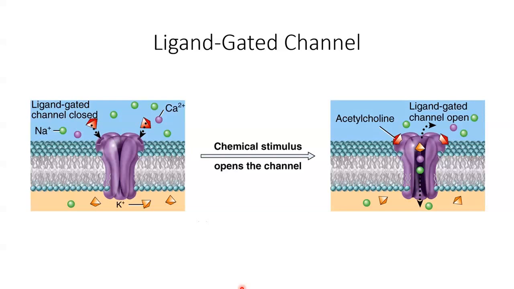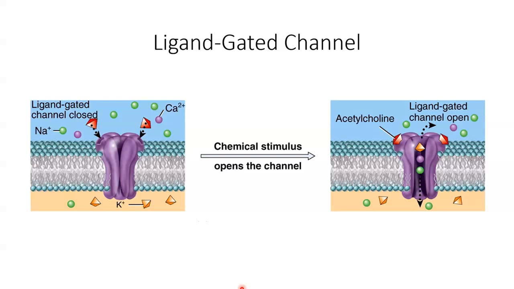The neurotransmitter acetylcholine, for example, binds to the sodium channels on a muscle to allow for the influx of sodium, which then in turn causes a muscle to contract. Ligand-gated channels are found in the dendrites of most of our sensory neurons, receptors like nociceptors or pain receptors, as well as interneurons and motor neurons.